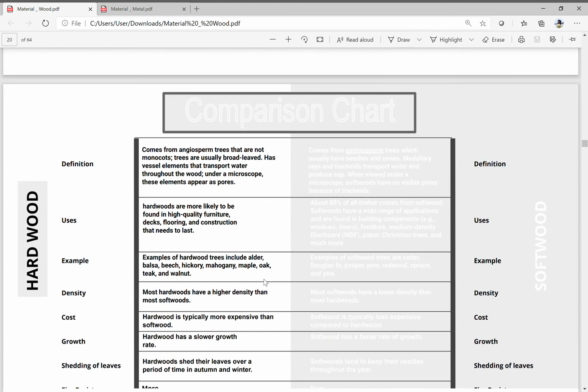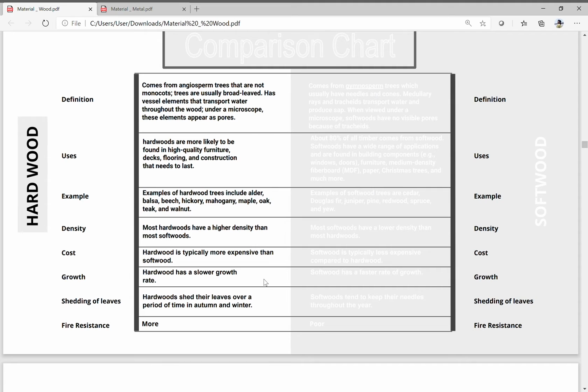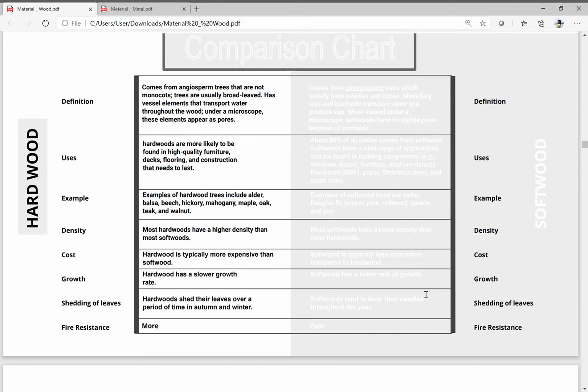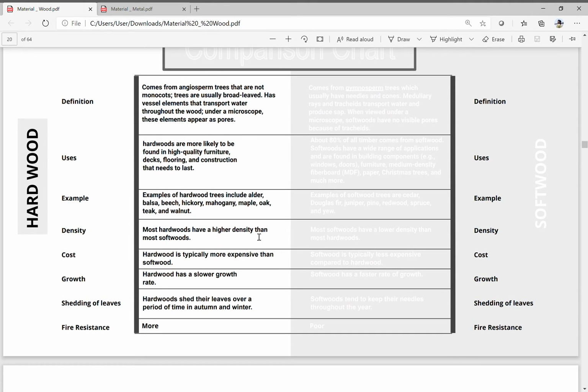So regarding the comparison charts of hardwood and softwood, as you can see, the important things to take note of are the density, the cost, and then the growth.